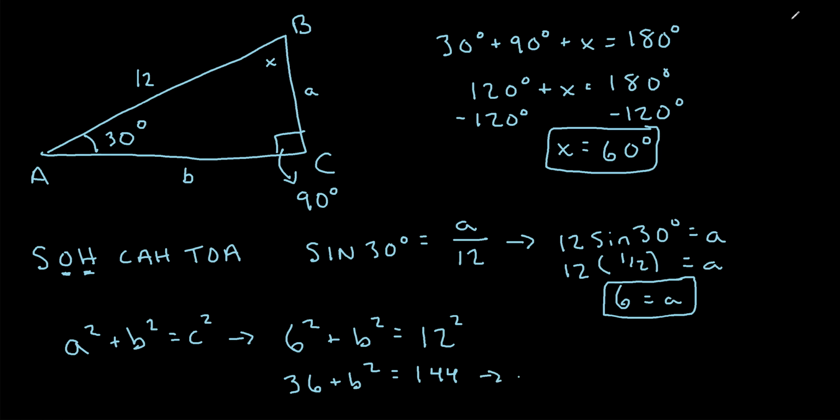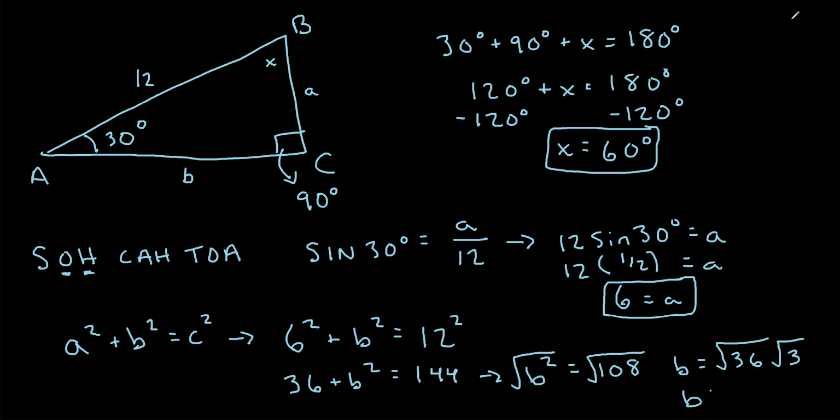So we'll end up with b squared is equal to 144 minus 36, that's 108. And to solve for b, we just need to take the square root of each side. So b is equal to the square root of 108. If we wanted to, we could break that down into the square root of 36 and the square root of 3, since 36 times 3 is equal to 108.